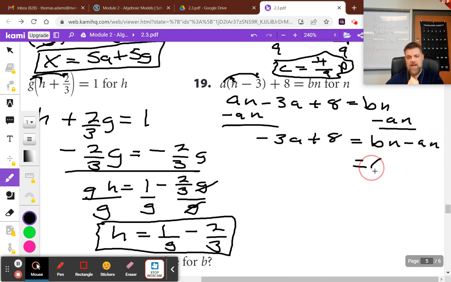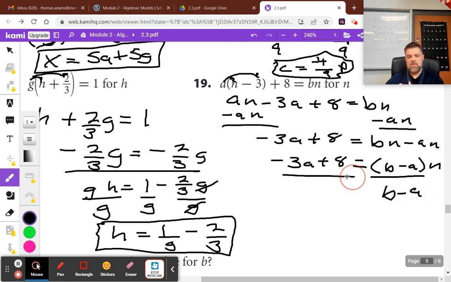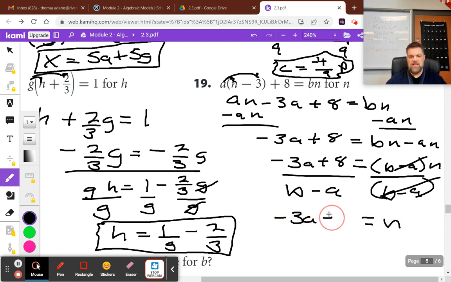Over here, I can factor out b minus a times n. That's the reverse of the distributive property. And I just leave this as negative 3a plus 8 over here. I'm going to divide by b minus a. Whatever I do on one side, I do to the other. This will cancel with this. And so you're left with n is equal to negative 3a plus 8 all over b minus a.